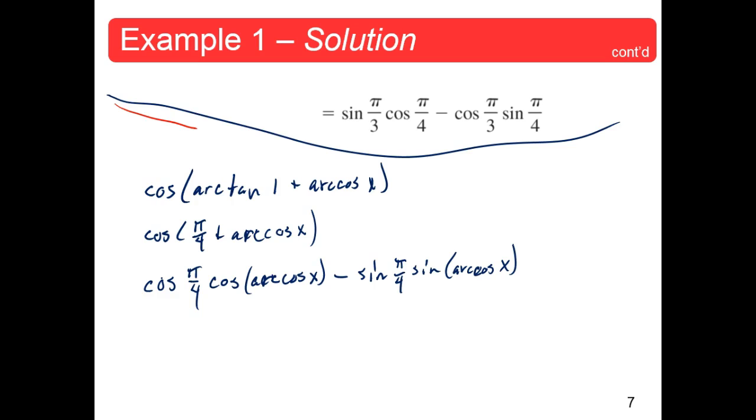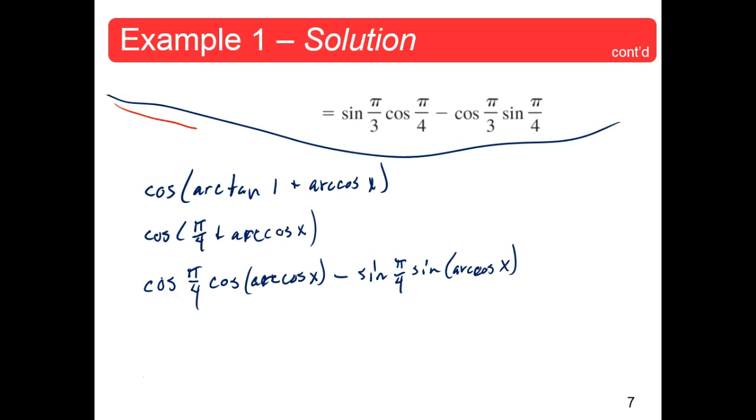Okay. Cosine of pi fourths, I think we know what that is, don't we? Let's go back to our little triangles. We can choose the lengths of these sides anything we want as long as they're the same. So let's just do 1 and 1.